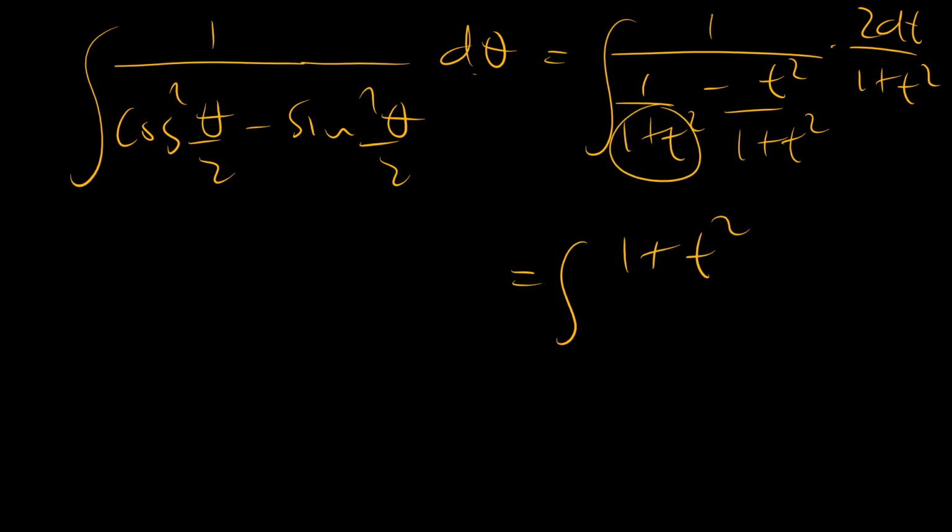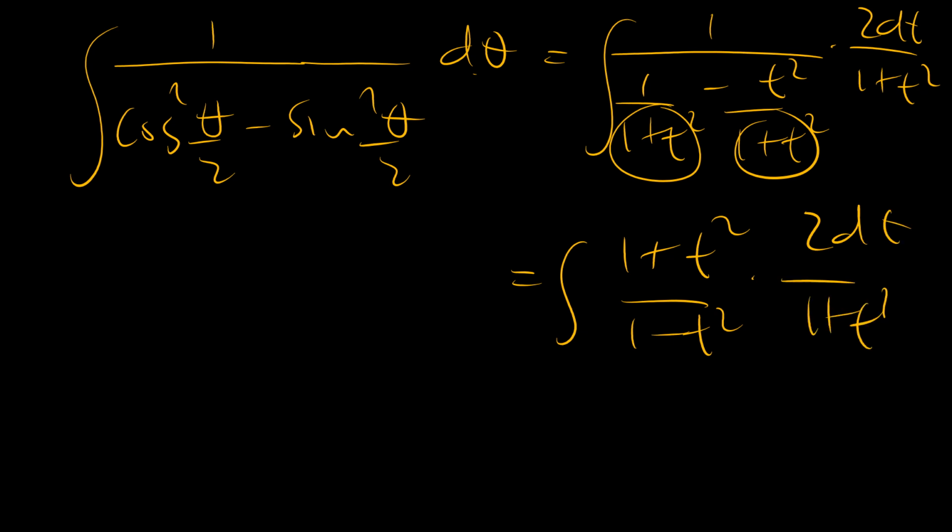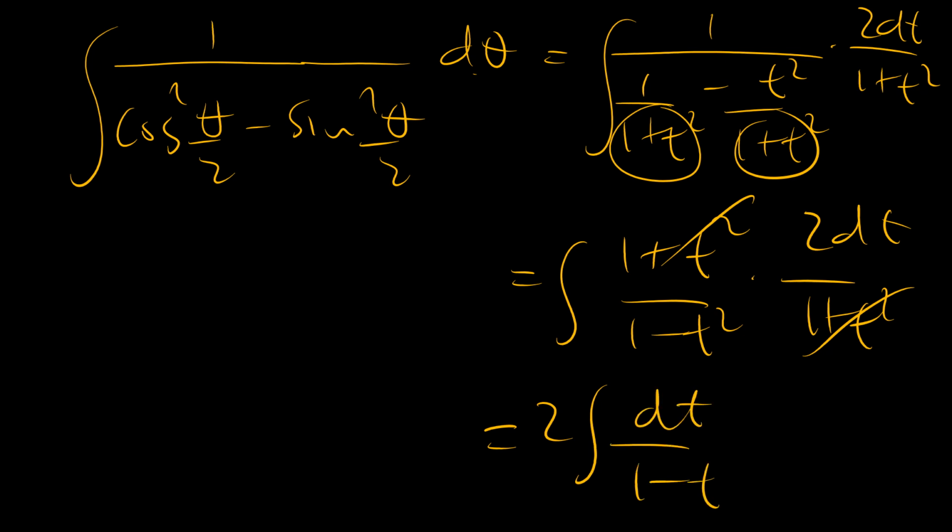When this and this go up, the 1 plus t squared cancels, so we're left with twice the integral of 1 over 1 minus t squared.